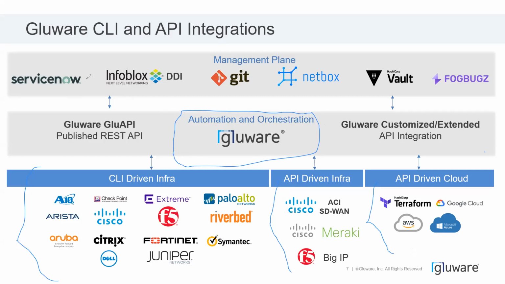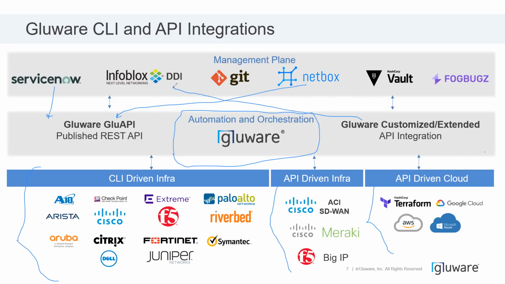For example, if I have an external source of truth like ServiceNow or Netbox is where I first define devices being added to the network, ServiceNow or Netbox or anything can make an API call to Gluware's published API to do things like add devices. Or let's say from Gluware, you want to pull an IP address from Infoblox.